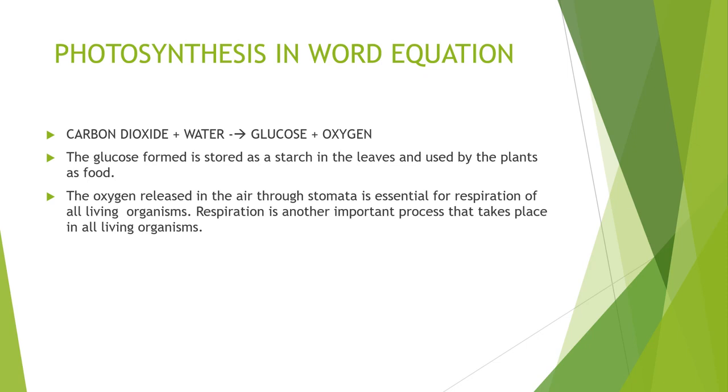So here you can see oxygen is released as a byproduct. The glucose formed by photosynthesis will be stored as starch in the leaves and used by plants as food. The oxygen released in the air through stomata is essential for respiration of all living beings.